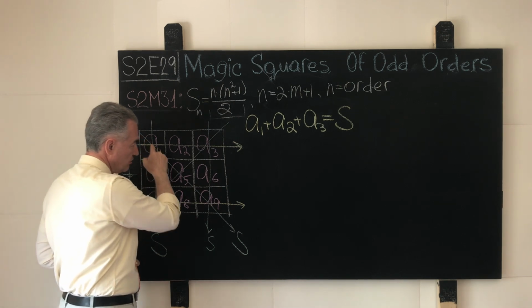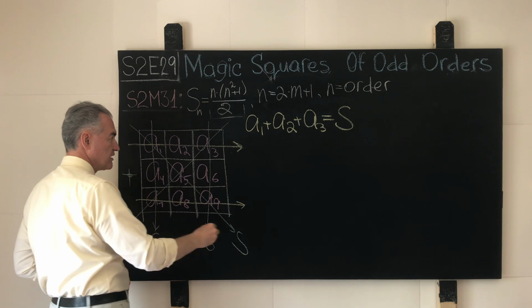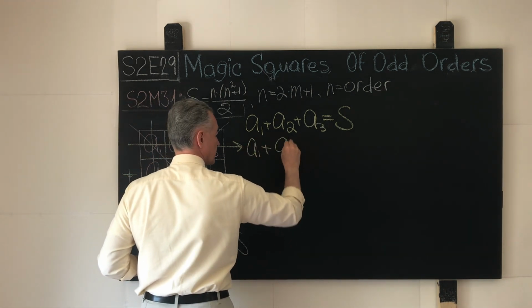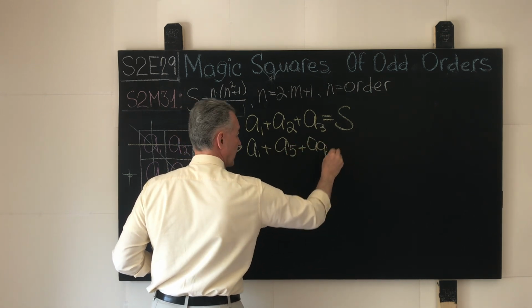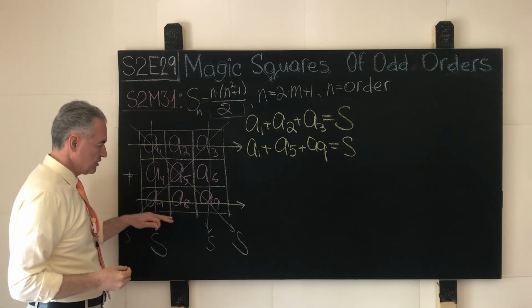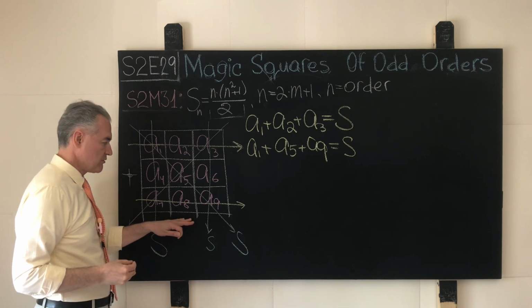And if we work diagonally, still for the main diagonal, we will have a1 plus a5 plus a9 will be the same sum. Now here we switch gears a little bit and we work with the bottom row of our 3 by 3 magic square.